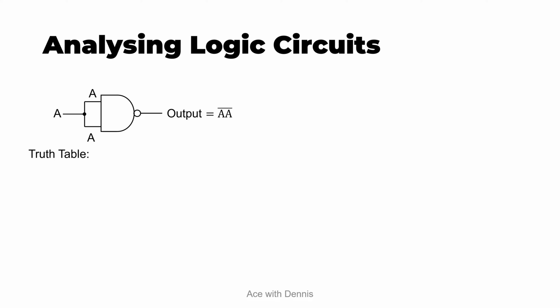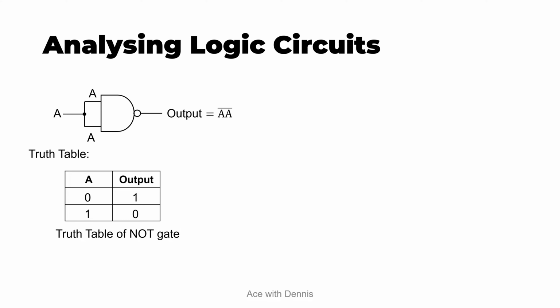The truth table for this circuit: when A is 0, the output will be 1. When A is 1, the output will be 0. As you can see here, this is the truth table of the NOT gate.